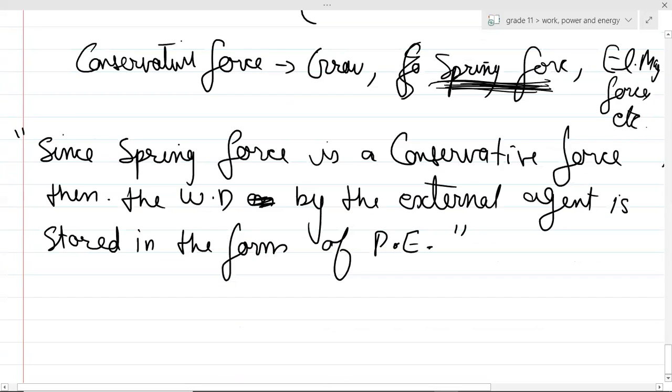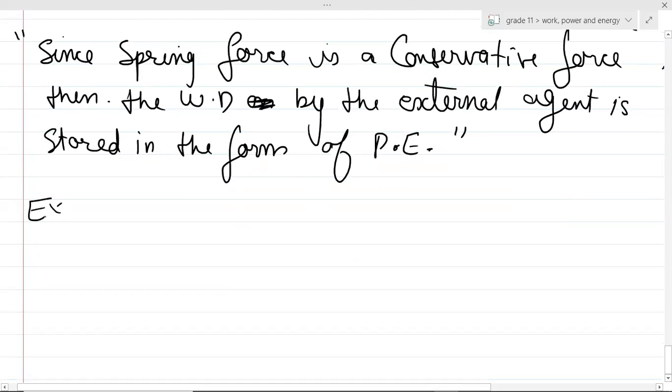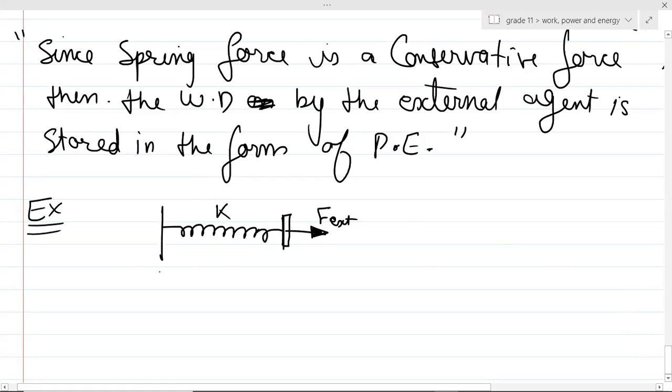So always remember, suppose example, you remember spring forces? I had the spring, and let's say initially it is in its original state, and I start applying an external force. Then what will happen? When I apply an external force, the spring will do what? It will extend, right? Yes or no?